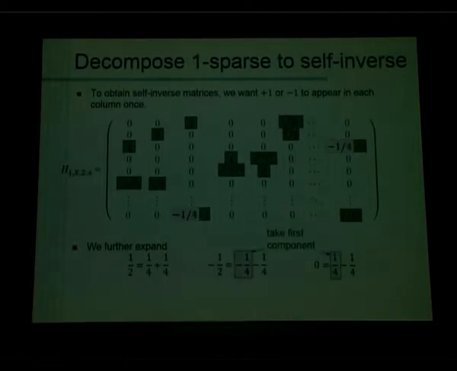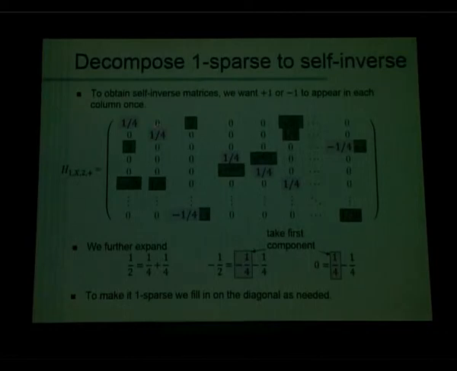So taking the first component, you'd have a minus a quarter here, and then we're not actually going to fill in all of these zeros, we're only going to fill in along the diagonal. So when you fill in along the diagonal, you get something which is actually exactly one sparse, because it has no more than one non-zero element in each row or column, and it has exactly one non-zero element.